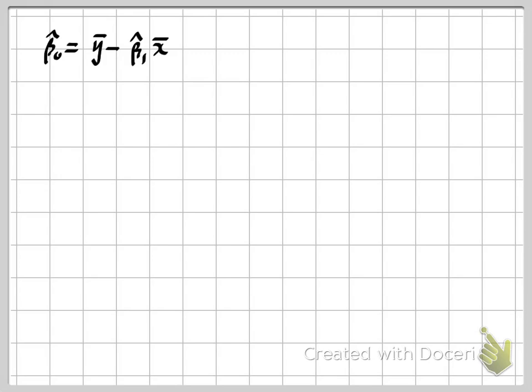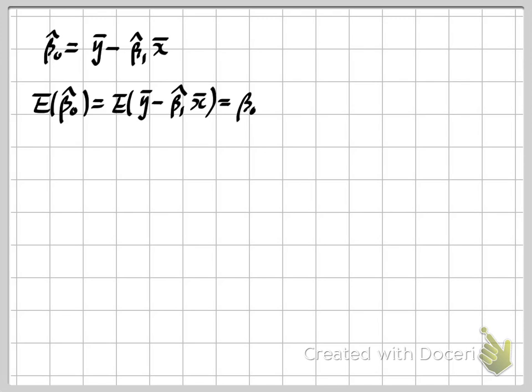About the mean of beta 0, of course I will skip the calculation again. The answer is that the mean of beta 0 hat is still beta 0. This means beta 0 hat, the least square estimator of beta 0, is still an unbiased estimator of beta 0.